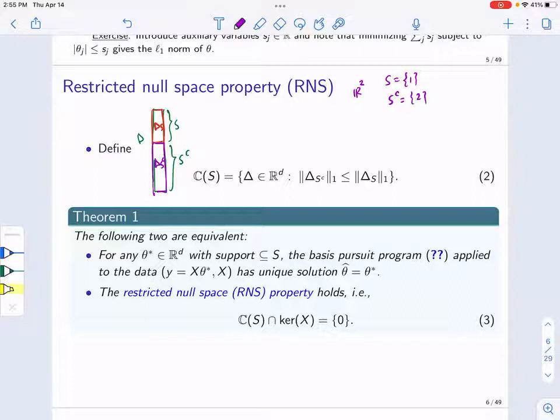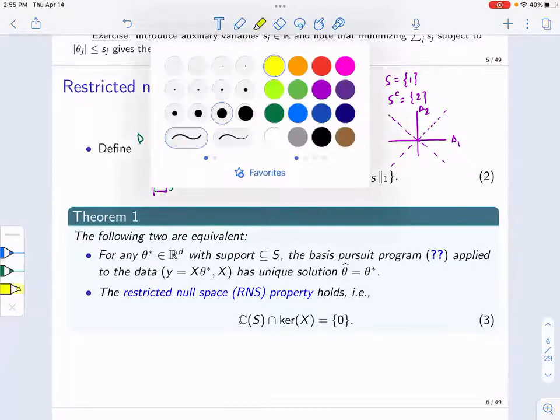So I'm looking at all vectors (delta 1, delta 2) such that the absolute value of delta 2 is less than or equal to the absolute value of delta 1. If you plot this, with delta 1 on one axis and delta 2 on the other, it would be something like this part.